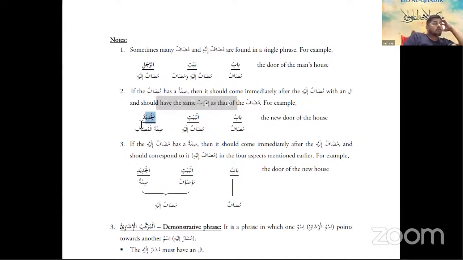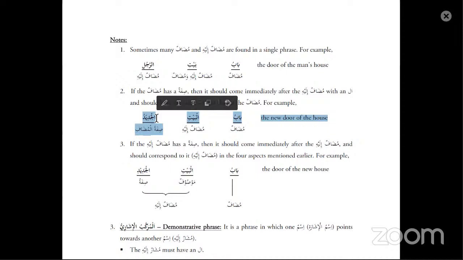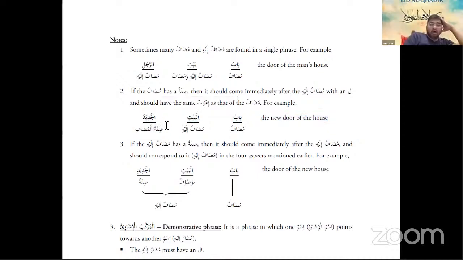Al-jadidu, correct? Whenever a noun comes after the mudaf ilayh with alif lam and a dhamma, it comes as an adjective for the door, al-babu. We've done this already in lesson number 3, book 2. Al-jadidu. So here, the new door.